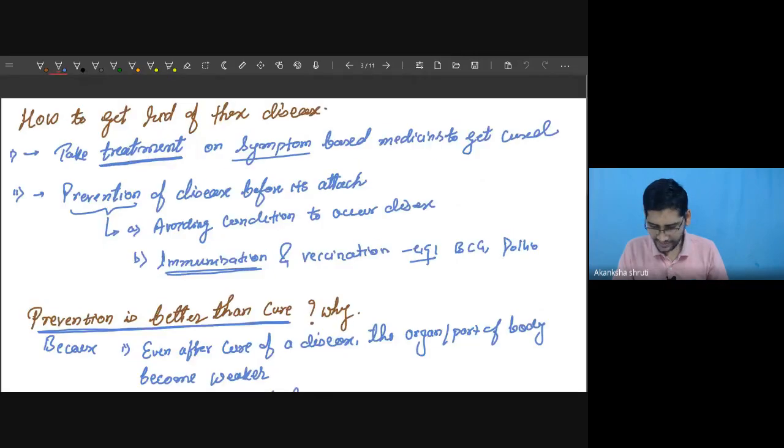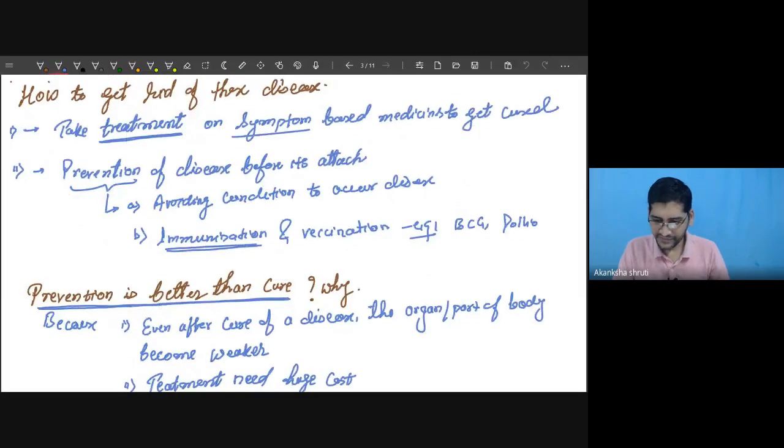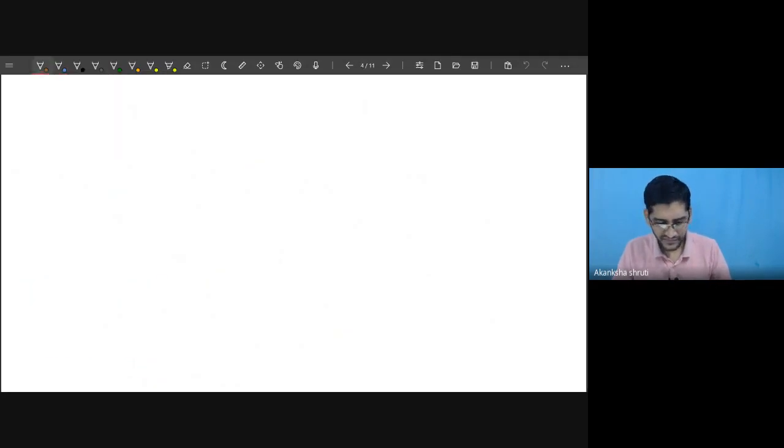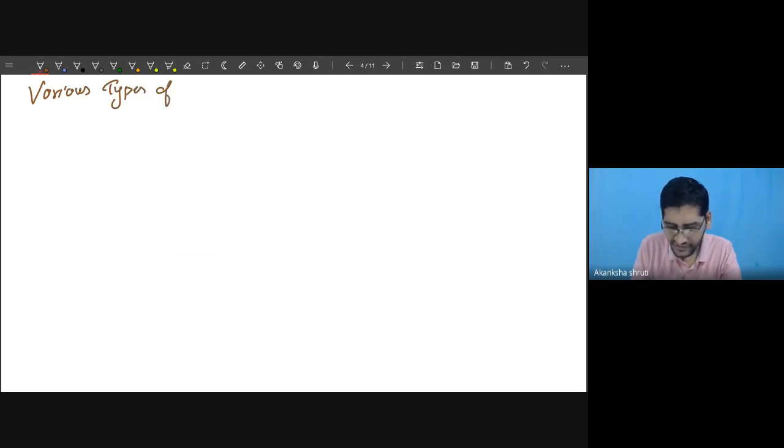So various types of disease. This is also called the classification of disease.